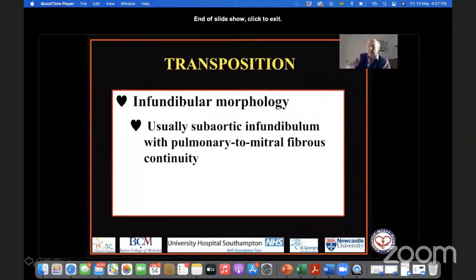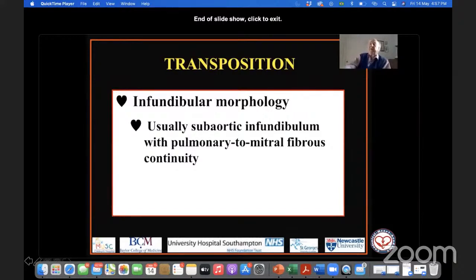Now, we must also remember that infundibular morphology can vary. You're going to see that when Diane demonstrates the hearts to you very shortly. So we expect that there will be a subpulmonary infundibulum, and we expect that in the morphologically left ventricle, we find fibrous continuity between the leaflets of the pulmonary and mitral valves.